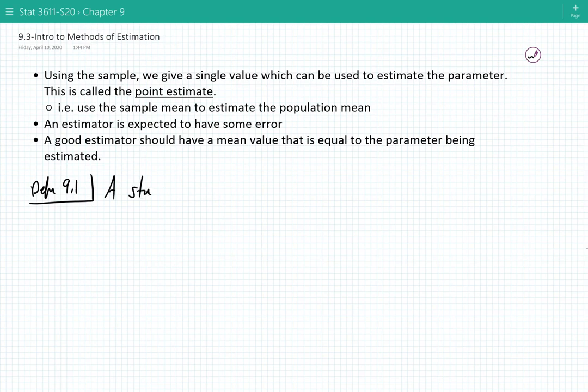A statistic, and this could be x bar, it could be s squared, it could be any statistic.